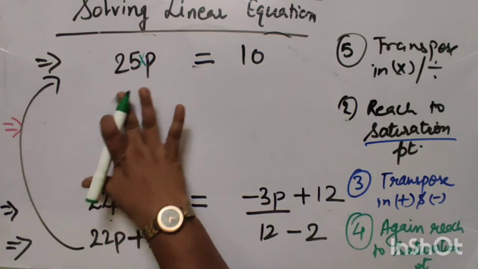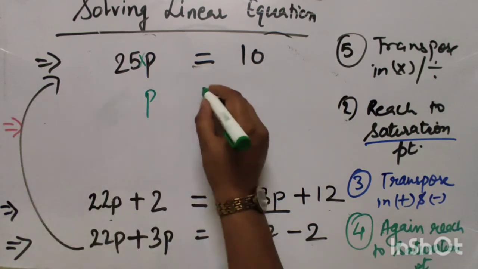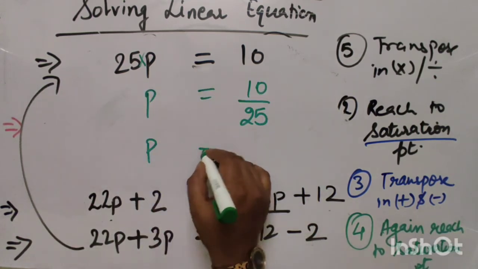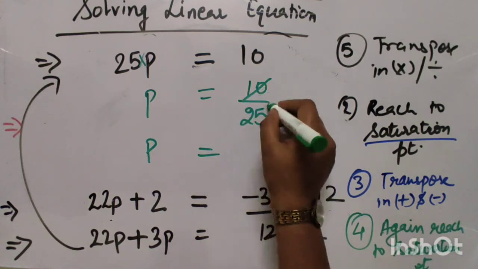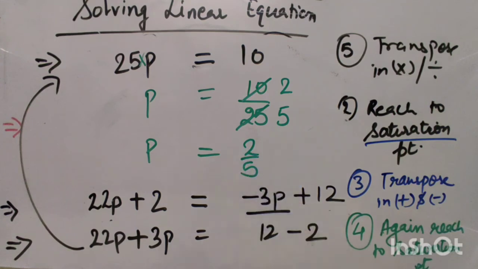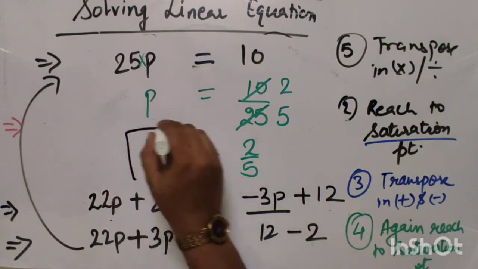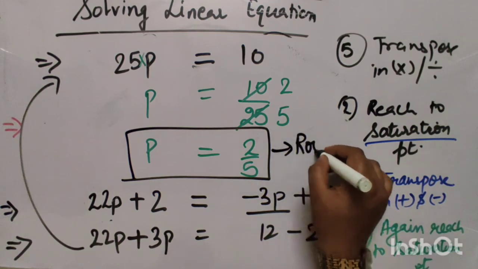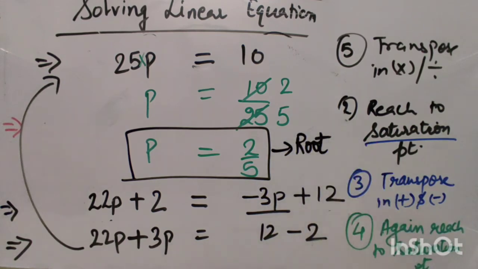So p will remain p, equals 10 divided by 25, which after cancelling is 2 by 5. So the value of p has come, that is 2 by 5. We call it the root of an equation or the solution of an equation.